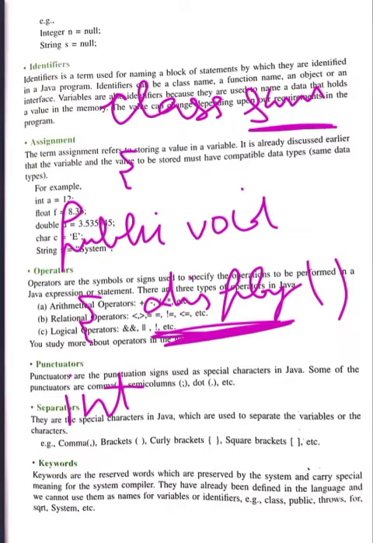Then the variables which we take to store the values are also identifiers or variables. They should not be keywords. They should start with an alphabet, and they should not have any special character. Only underscore and $ sign can be used.